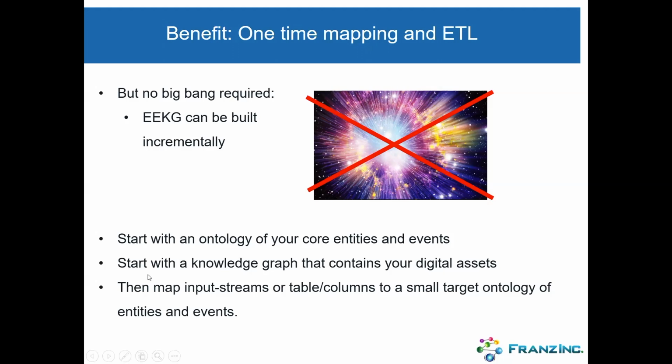But let me first talk about something else. When I talk about this approach, people always say, oh, but it's so much work to get all the data in. But the beauty of this system is that you can start with low-hanging fruit. You don't have to take all your data and put it in the knowledge graph. You just look at your use case and start importing those elements that you need for your use case.